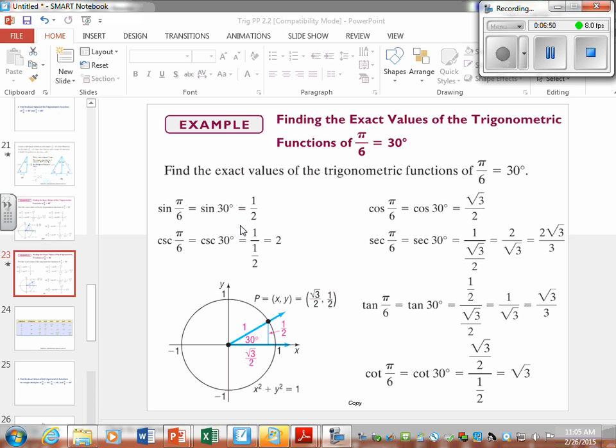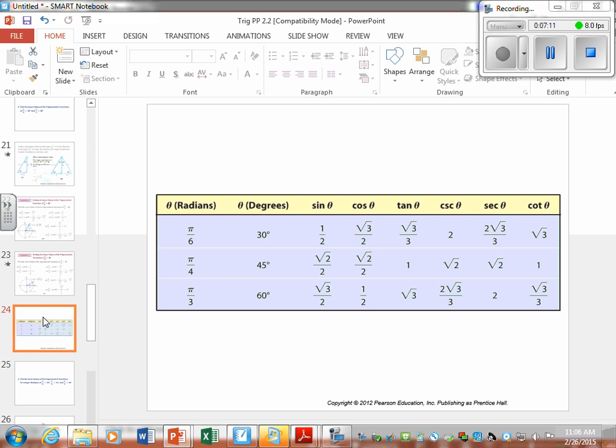We did all 6 trig functions using the 30-degree angle, where we put the triangle in here. The corresponding point is here. I'm going to pause it, and you can take a minute to calculate those values. The past 2 slides were basically deriving this table, and all of those values are now listed in the table.